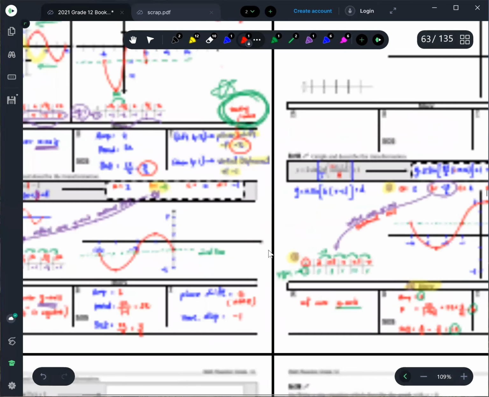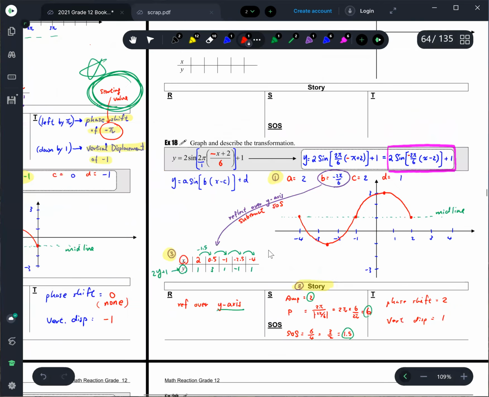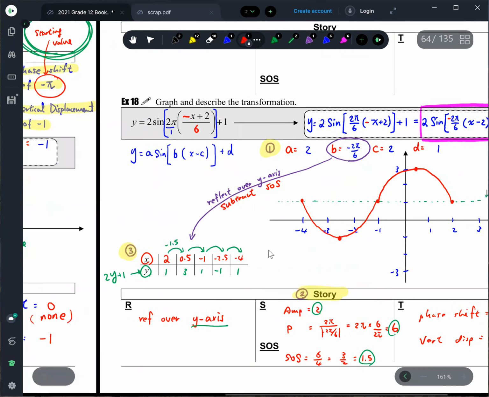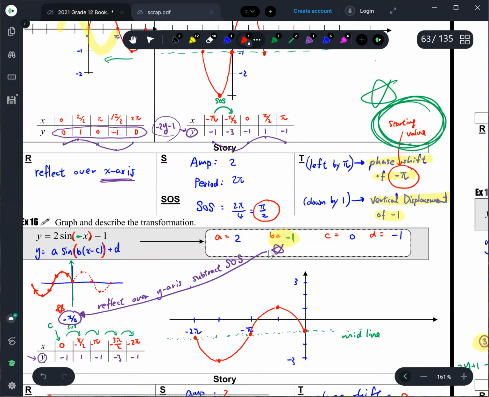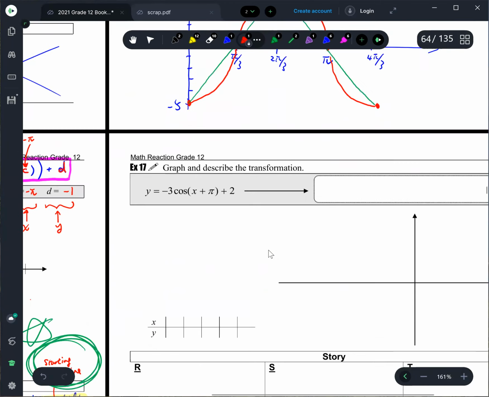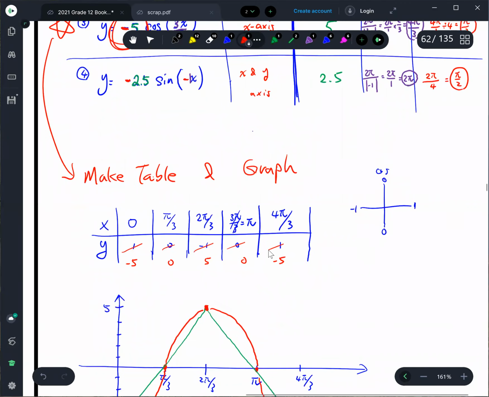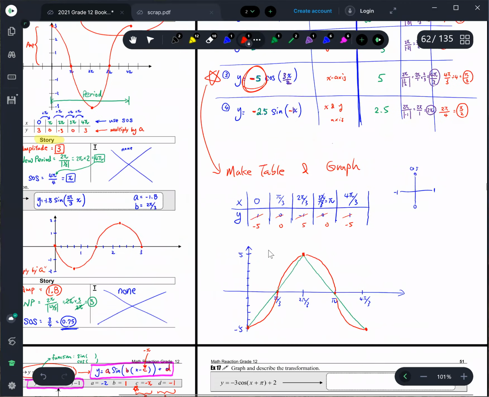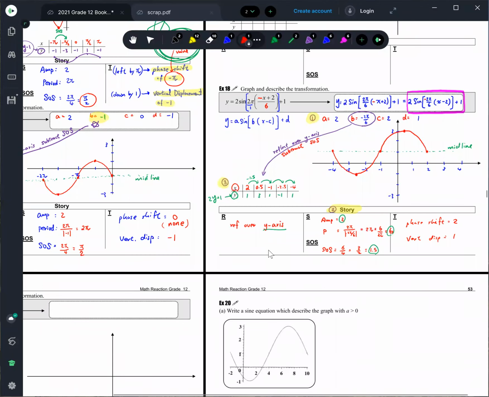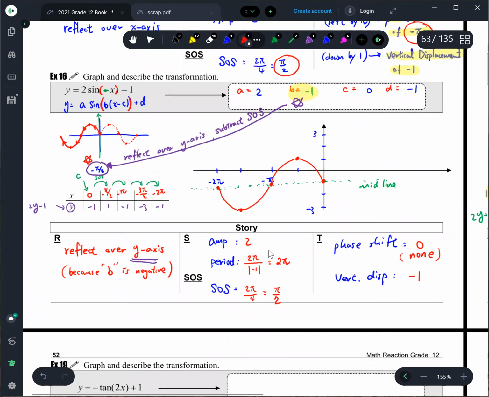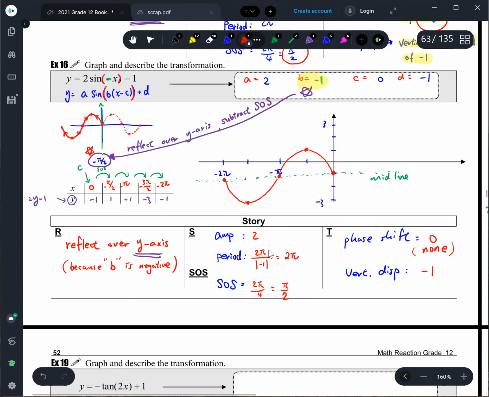Because question 18 has a negative for the B, it will be a little bit different. Look at a simpler one. We'll look at this one, question 16, on the previous page.